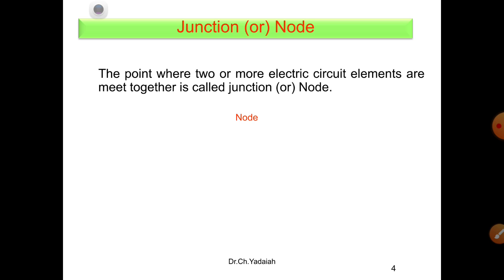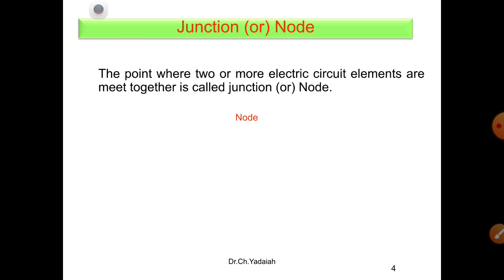That means it may be a battery, it may be a generator. So the combination of these sources and loads R, L, C, where sources are voltage sources and current sources, if sources and loads are connected in a systematic way, that is known as an electrical circuit intended for a specific purpose.